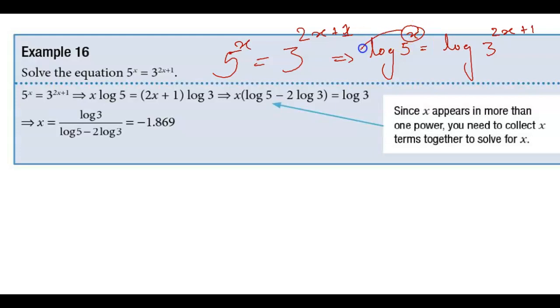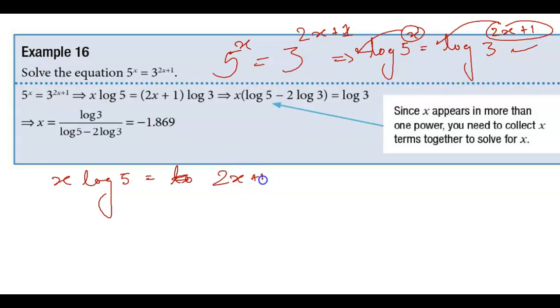Now this x comes in front and this 2x plus 1 also comes in front. So you'll be having x log of 5 equals to 2x plus 1, the power becomes the coefficient, log of 3.